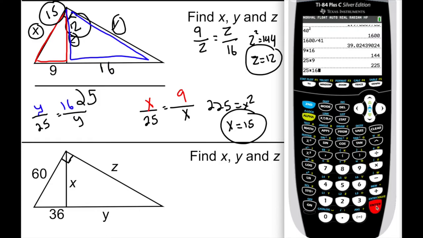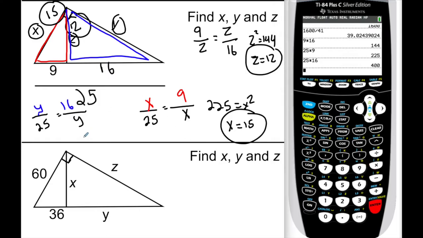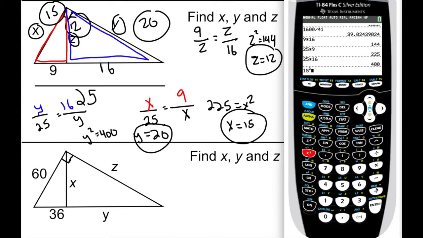I believe this is 400. It is. So y squared equals 400, which means that y is equal to 20. And notice if you do 15 squared plus 20 squared, you get 625, which is 25 squared. So we get z is 12, the geometric mean, and then x and y.